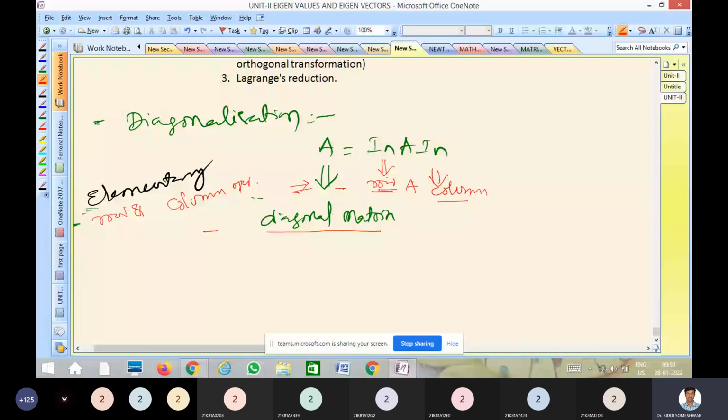In the last, you are going to get P transpose AP, where P is a non-singular matrix. And the transformation is x equal to Py, and you can write the sum of square terms with the help of the diagonal matrix.